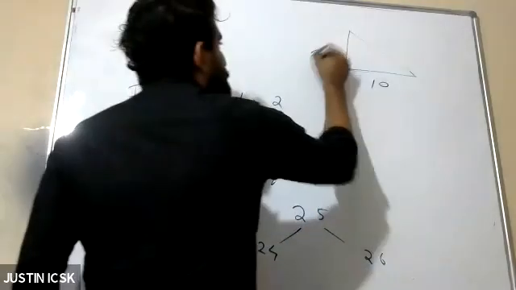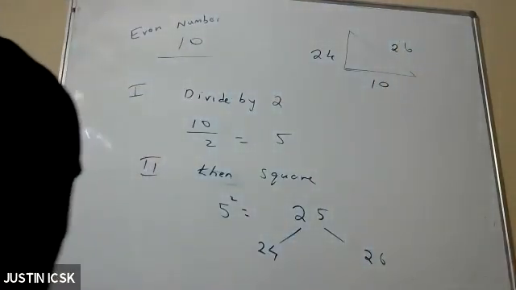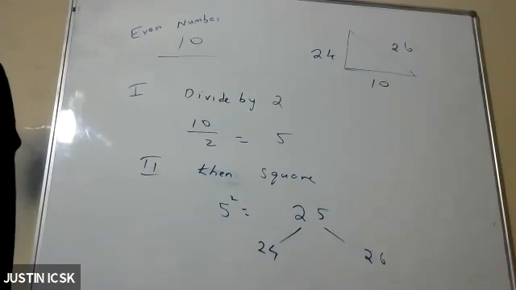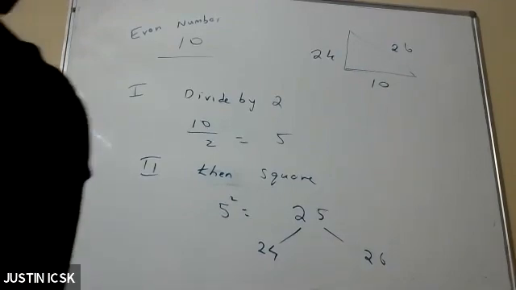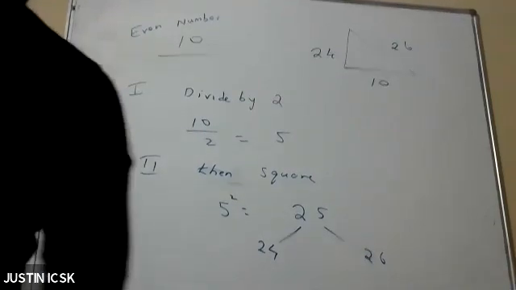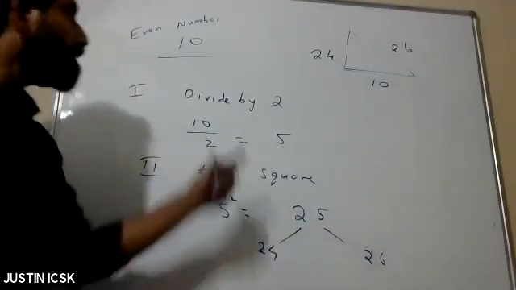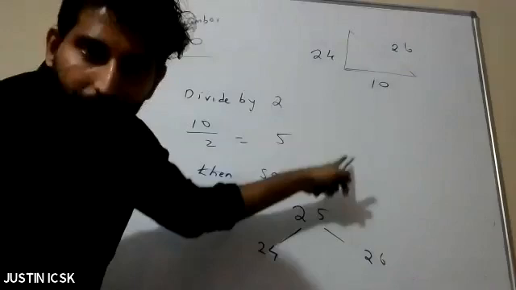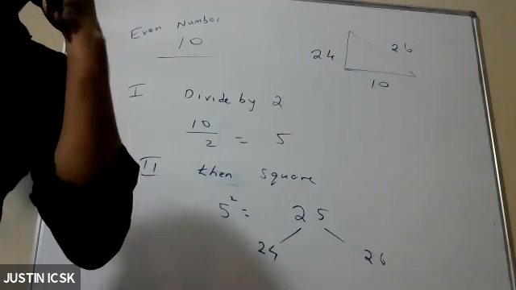So one is 24, other is 26. Just opposite. Previously, first is squaring. In the even number we first divide, then square.